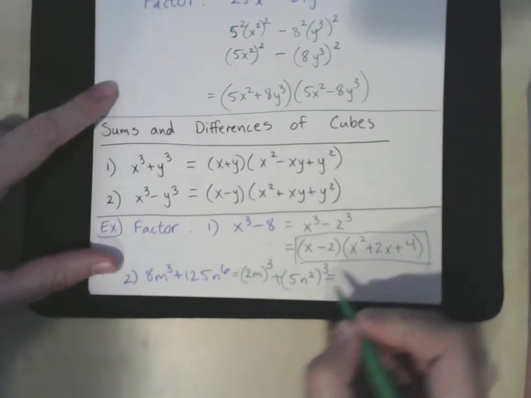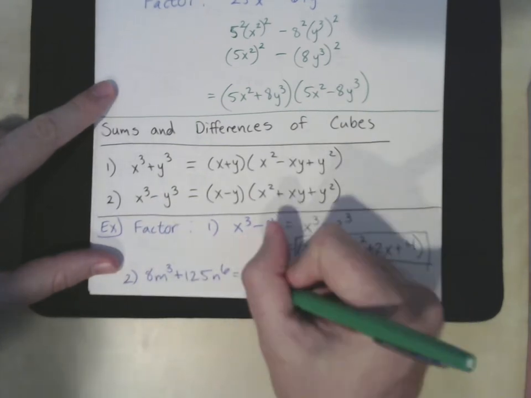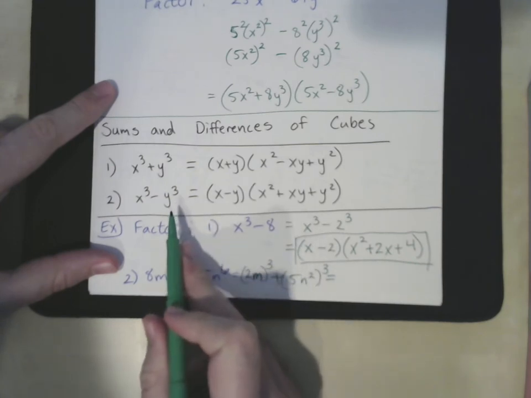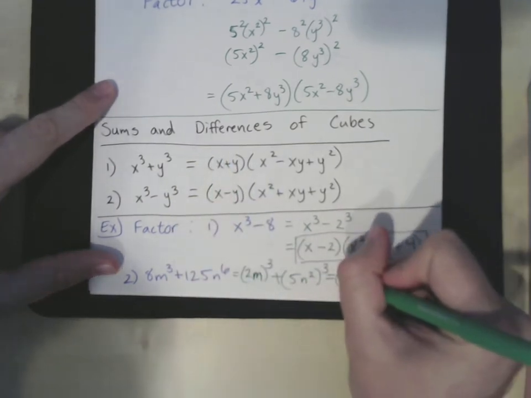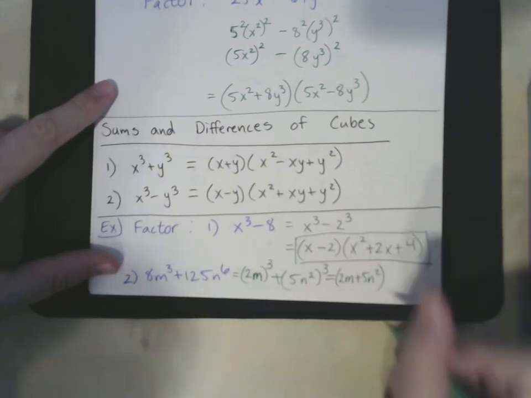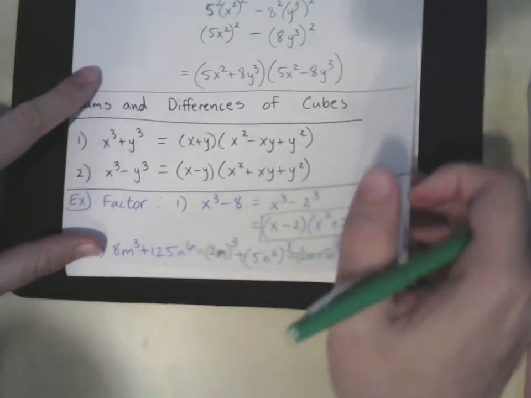And so our x in our format is 2m, our y in our format is 5n squared. So we just fill out our x and our y. So 2m plus 5n squared. And I think I did not give myself enough space.